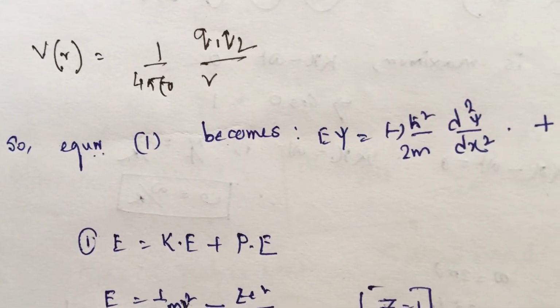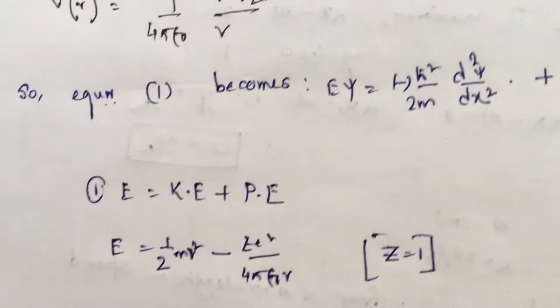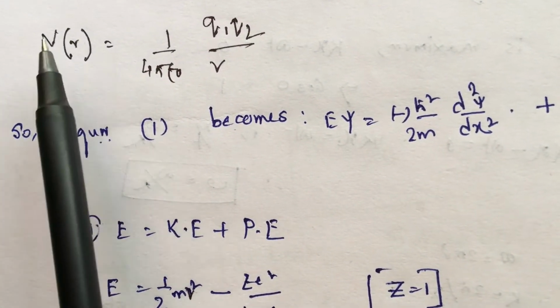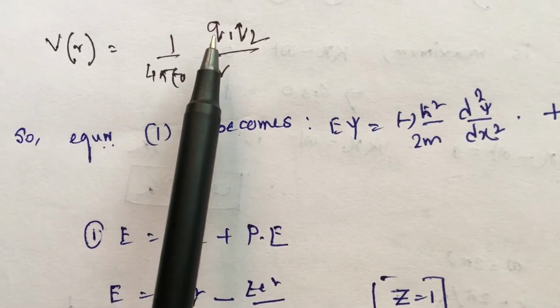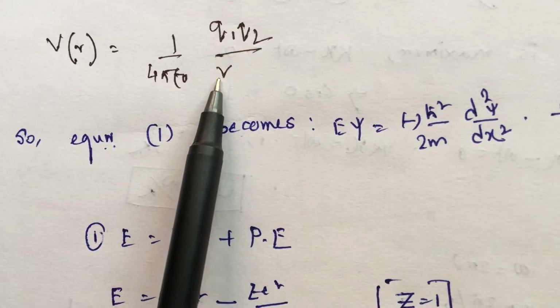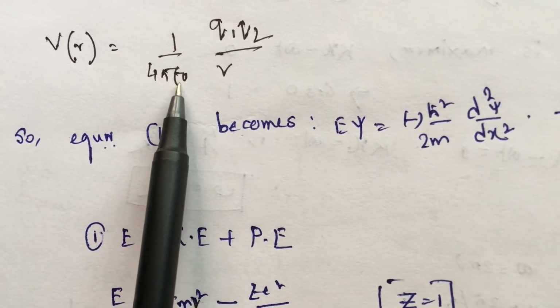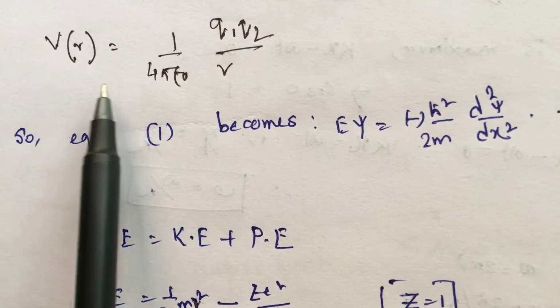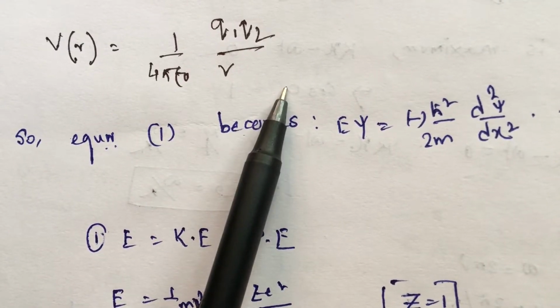This is the general form of the Coulomb potential, which says V(r), that is the potential between two charges q1 and q2 separated by a distance r. Epsilon 0 is the permittivity of free space, and the Coulomb potential takes this form.